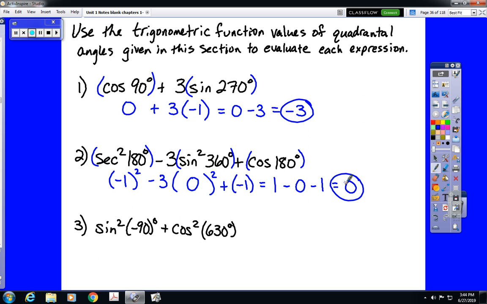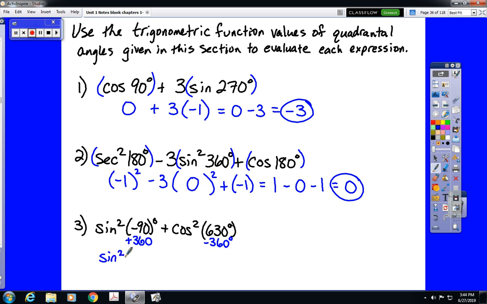Finally, sine squared of negative 90 degrees plus cosine squared of 450 degrees. We need to keep in mind that we might have to deal with a coterminal angle here. Negative 90 degrees, we need to add a rotation to that to make it fit between 0 and 360. So we add 360 there. Same problem over here, except it's too big. We're going to subtract 360.